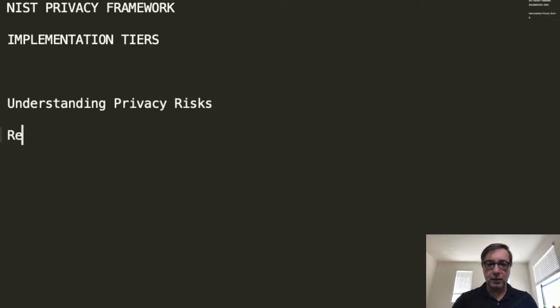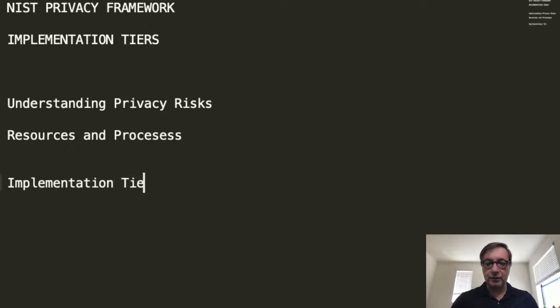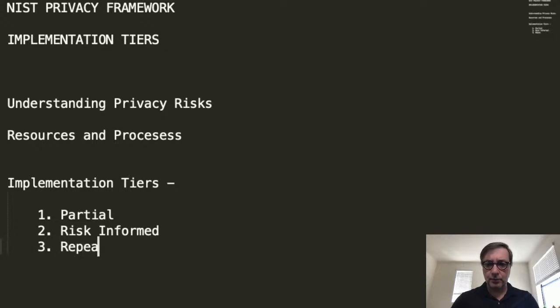Then you have the resources and processes, and then we move to different things like implementation tiers. That could be like one, partial; two, risk informed; three, repeatable; and four, adaptive. Okay, so let me explain this to you.